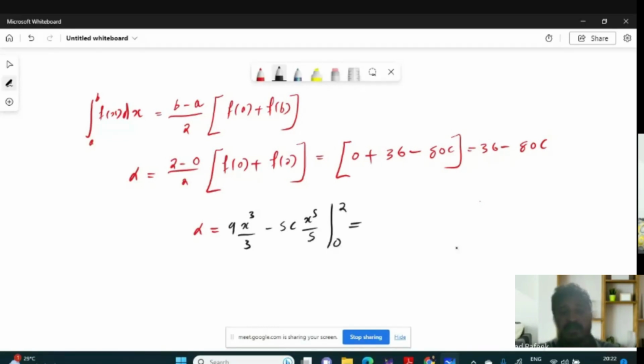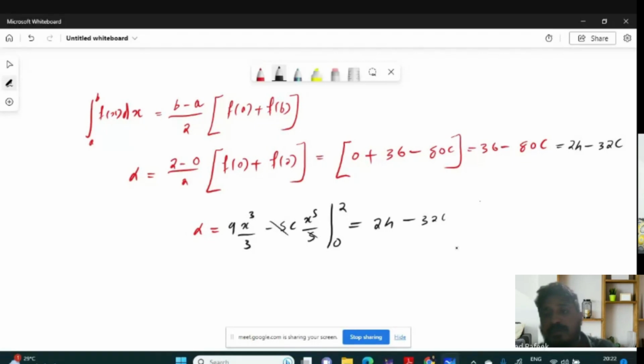Apply it. 9 by 3 is 3, 3 into 2 cube, 3 into 8, 24, minus 5 cancels, 2 raised to 5 is 32c. Now equate these two: 24 minus 32c.